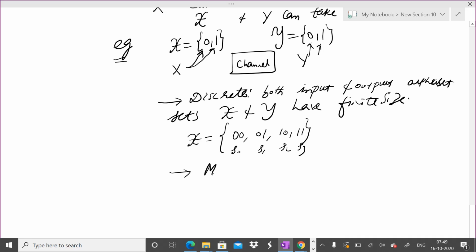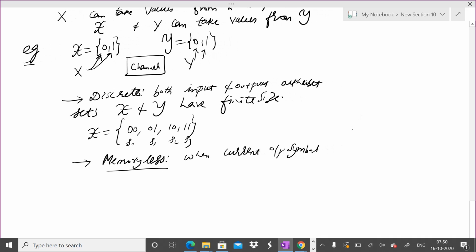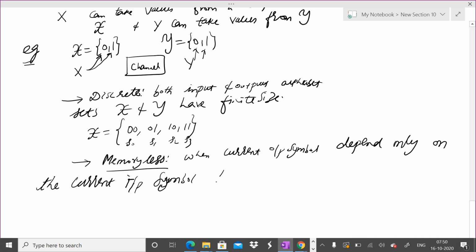And then comes the term memoryless. What does memoryless mean? It means that the current output symbol depends only on the current input symbol and not on previous symbols.